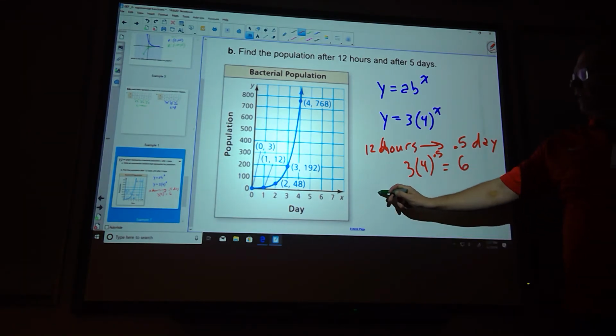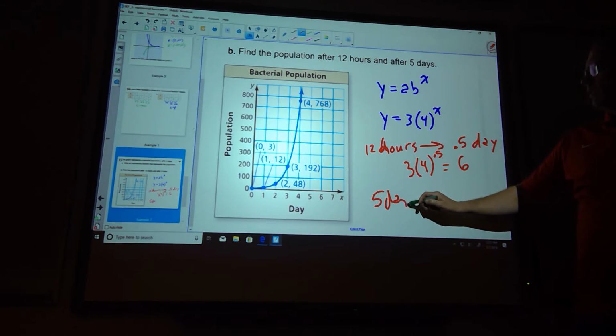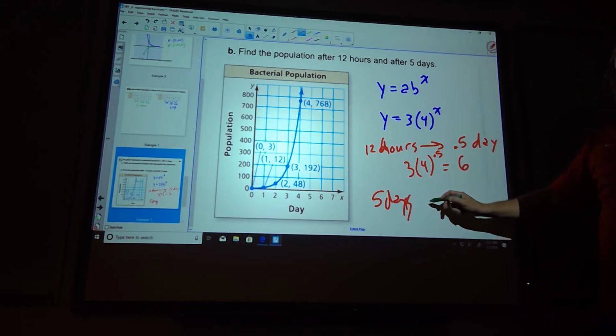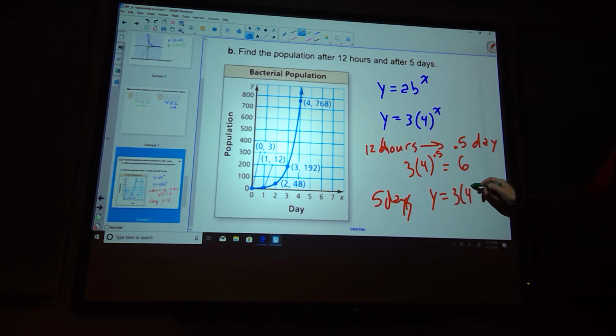And then after 5 days, I'm going to go y equals 3 times 4 to the 5th. Anybody have any idea what 4 to the 5th power is? 4 times 4 is 16. 16 and 16 is 256. 256 times 4.